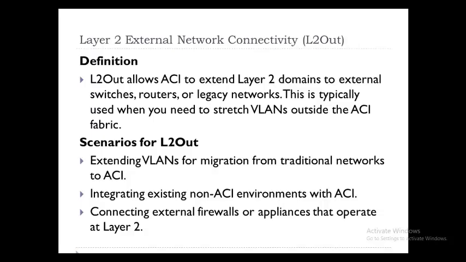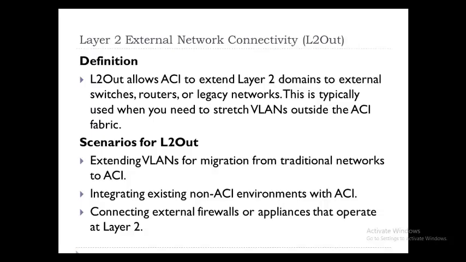Scenario for L2 out: extending layer 2 for migration from a traditional network to ACI. This is like temporary, during the migration phase someone can do. First, we have a traditional network. Now we are just trying to deploy ACI in our premises.